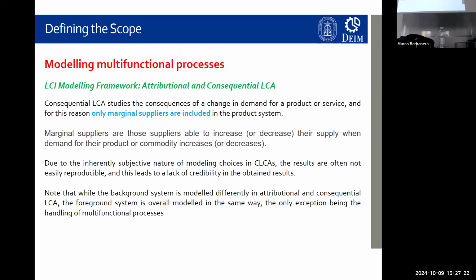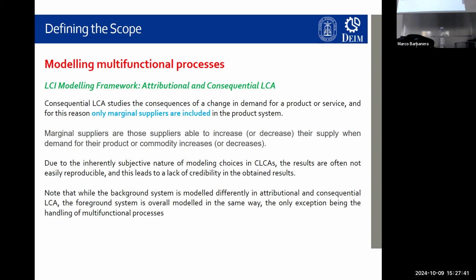So only suppliers able to increase or decrease their supply when demand for their product increases or decreases. Typically, these suppliers are those which use recent technologies, not old technologies.